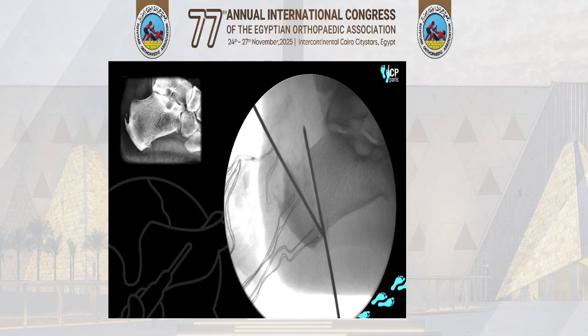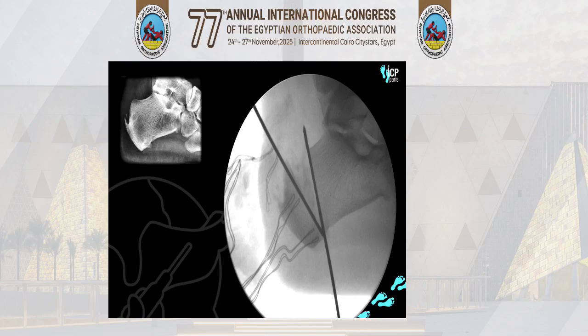You don't need to remove the bone, you just need to destroy the bone to create a paste of bone. You shave until you arrive at the second level. When you arrive at the second K-wire, we can see here that the K-wire at this level has been a little bit damaged by my burr. So when you finish removing everything, remove one K-wire to be sure you have cut everything.